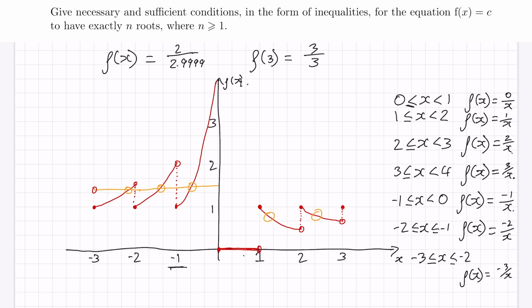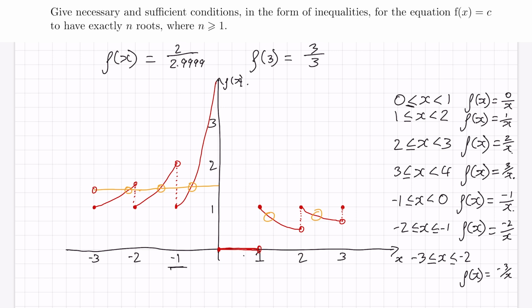So if c is less than 2/3, I will have exactly one solution, because I only pass the one root here. And when they say roots, that's essentially crossing points for us in terms of the graph. So I only have one crossing point. So a condition might be that for one root, we need c to be between 1/2 and 2/3.